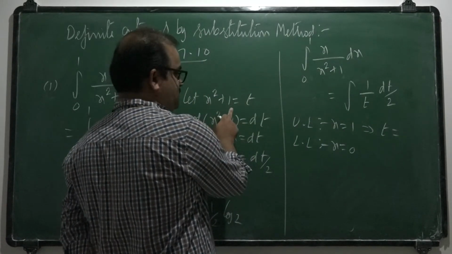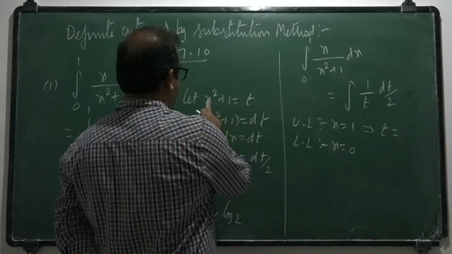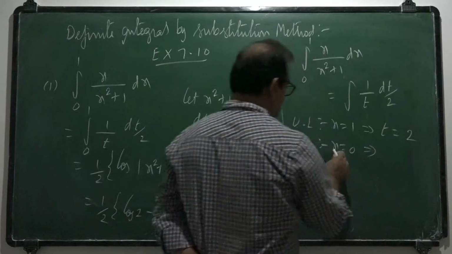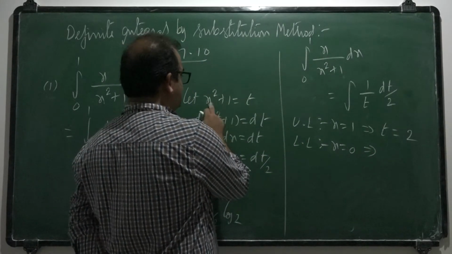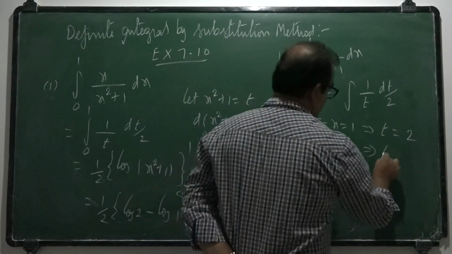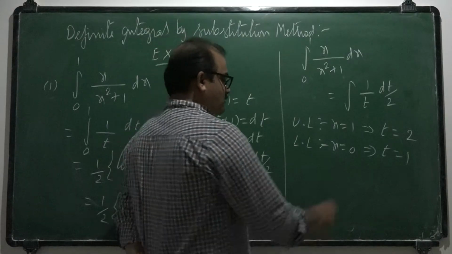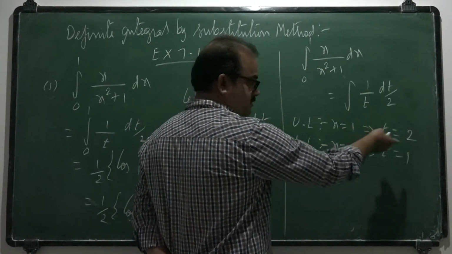T is equal to x square plus 1. So the limits of t, 1 square plus 1, t is equal to 2. When x is equal to 0, what is t value? 0 plus 1, 1. T is equal to 1. Now we are changing the limits in t also.